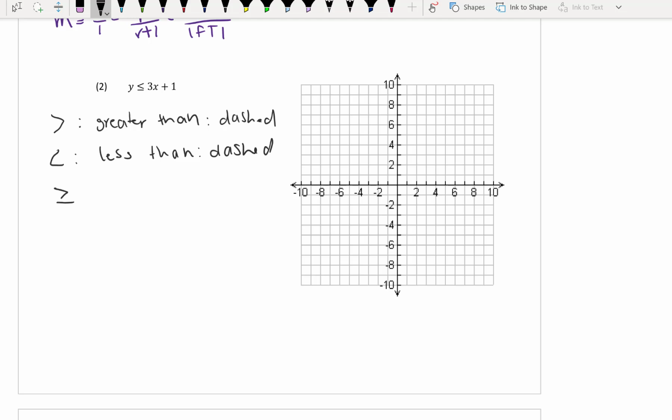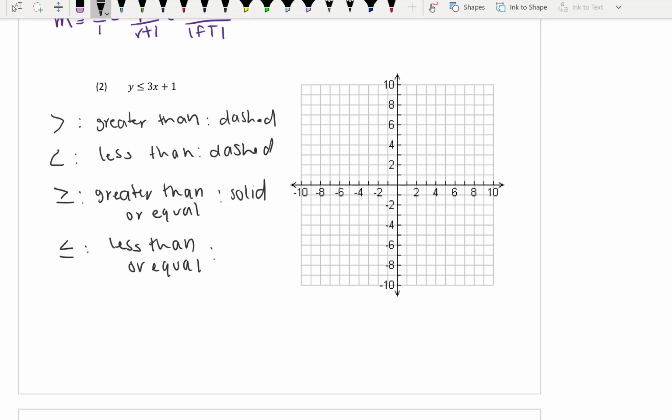If I have this, greater than or equal, so it's going to be a solid line. If it's less than or equal to, then it's also going to be a solid line.